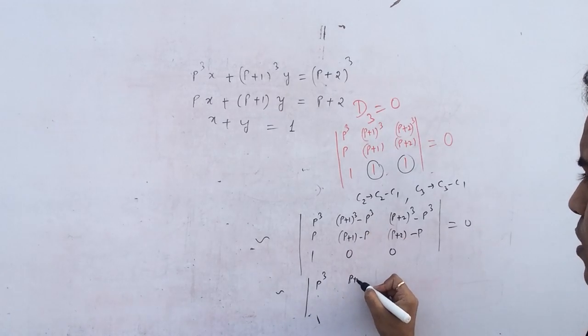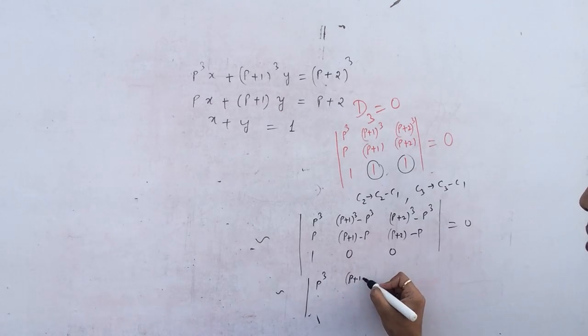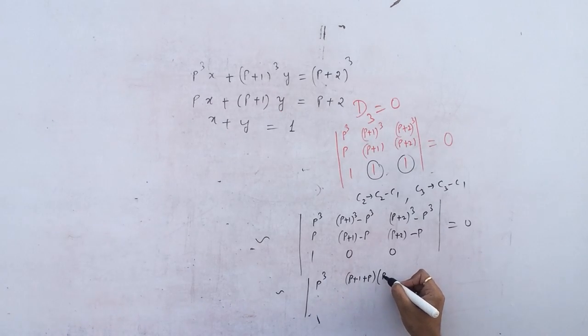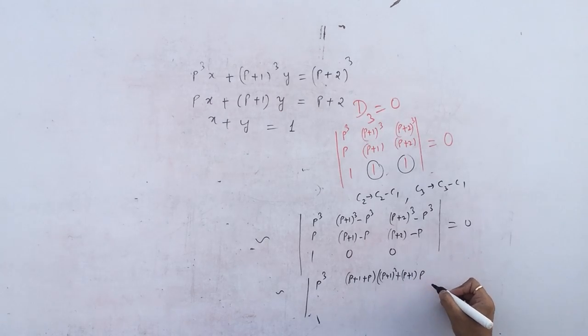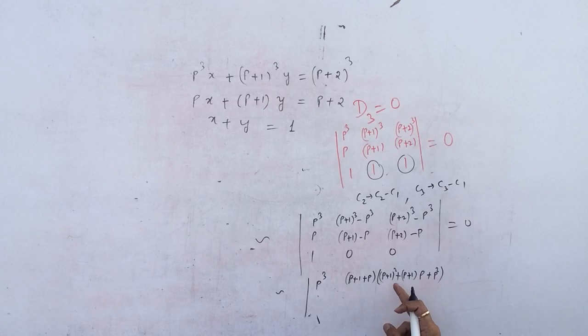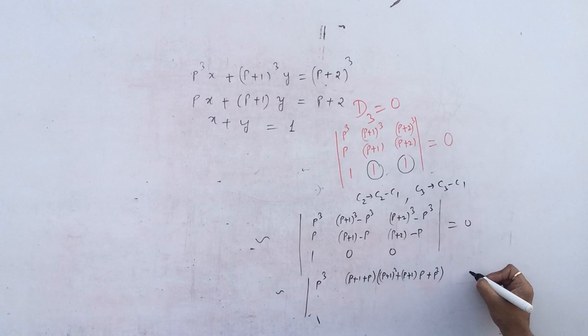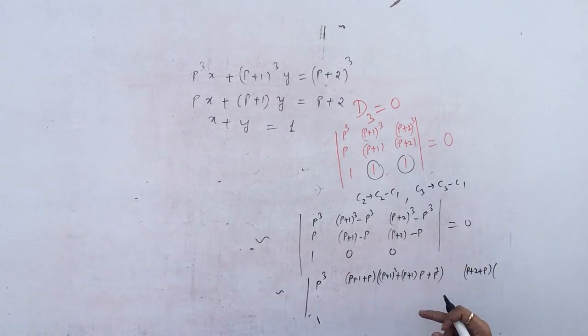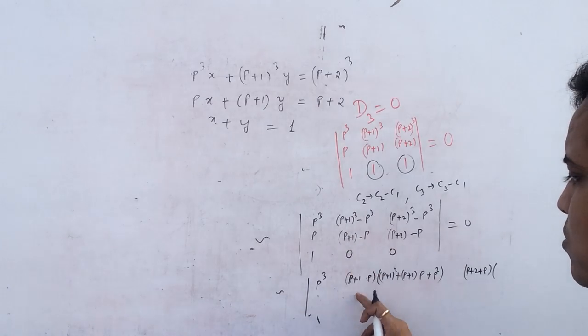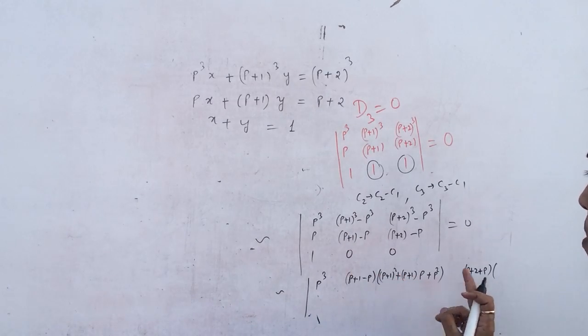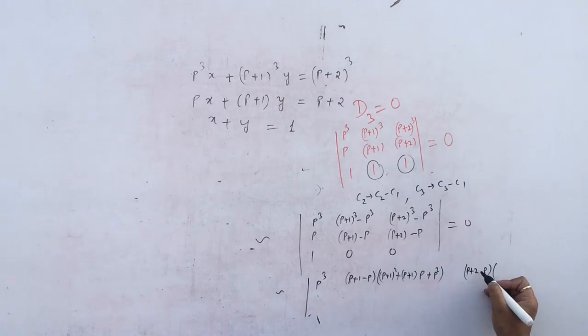Actually, a cube minus b cube is a minus b times (a square plus ab plus b square). So a square is (p plus 1) whole square, ab is (p plus 1) into p, plus b square.